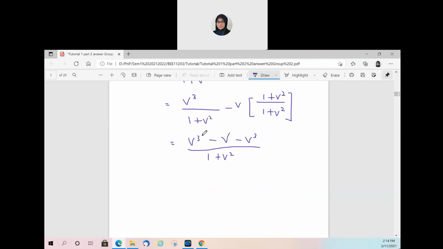So v cubed cancels. Now you have minus v over 1 plus v squared.